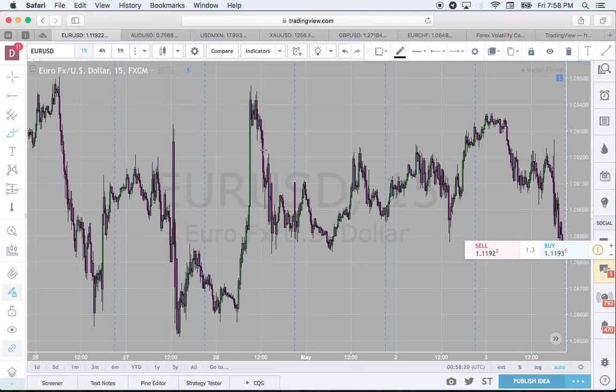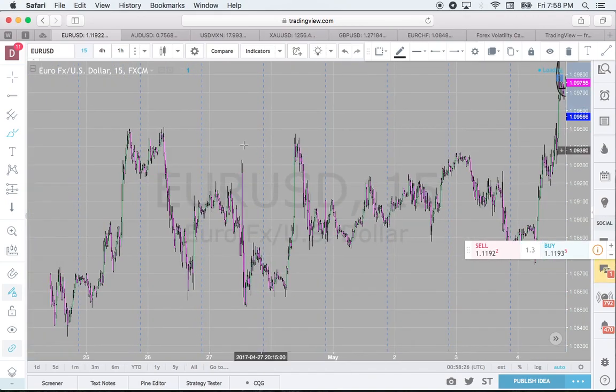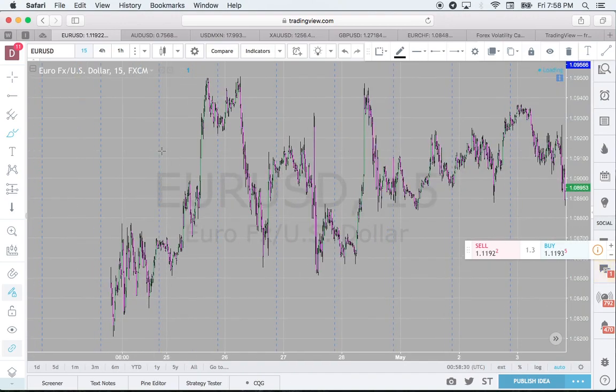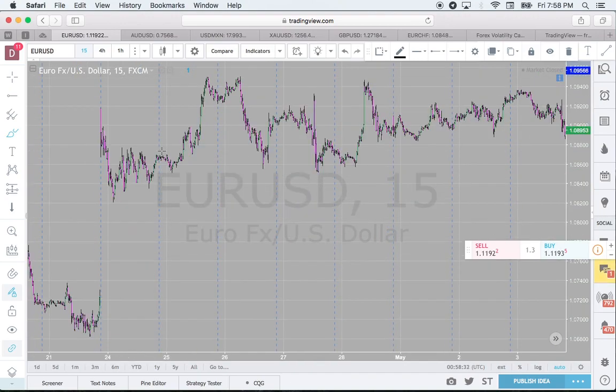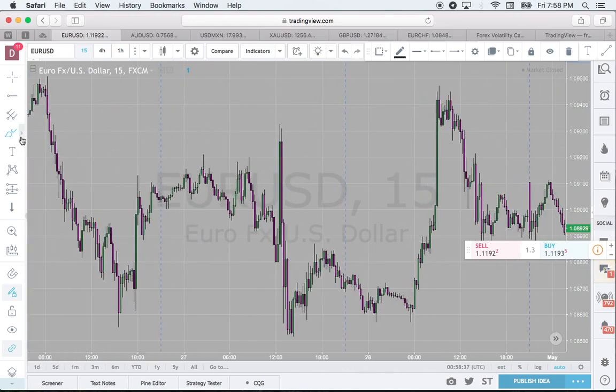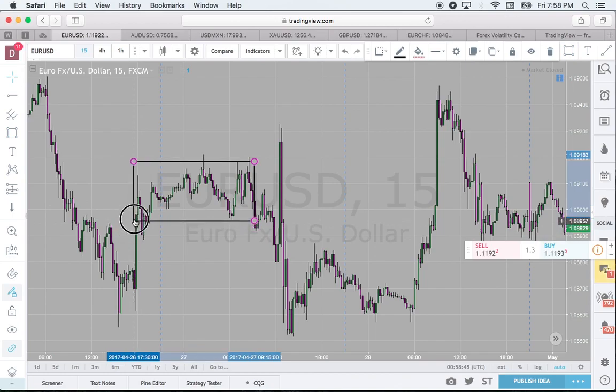And it's better when it's correlated with the ADR, the average daily range. It's the best when those are correlated, but you'll be able to see this no matter what after you get your eyes adapted to the marketplace.